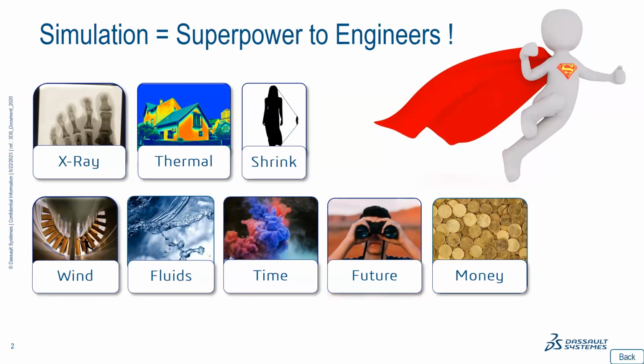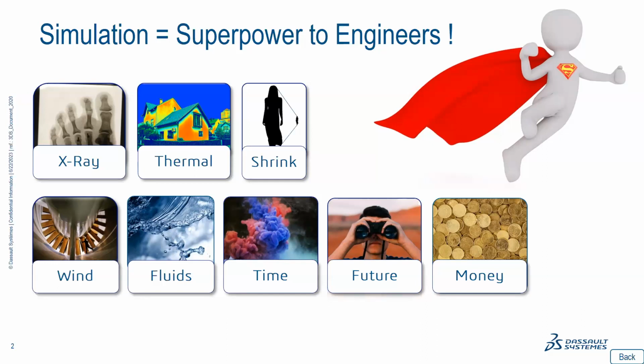Having the capability to see the temperature field is possible with some special device, a special camera, but it's very expensive and it has to be on a real object. With simulation, you can get this view of the thermal field, the temperature field, over whatever type of object you would like to model or design. So this is kind of a superpower.